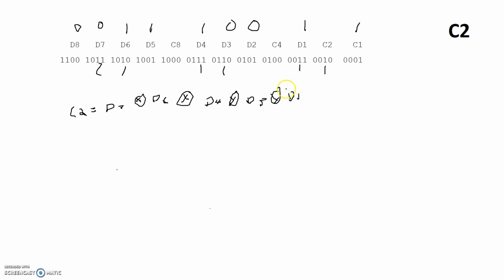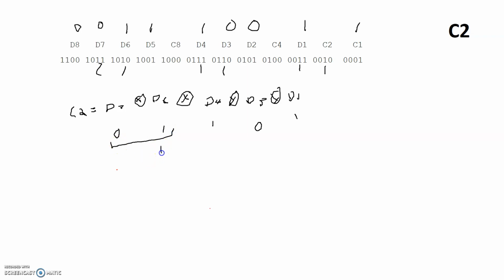Okay, filling in the bits, data bit 7 is 0, data bit 6 is 1, data bit 4 is 1, data bit 3 is 0, data bit 1 is 1. So I'll just go left to right. 0 exclusive OR 1, they have to be different.